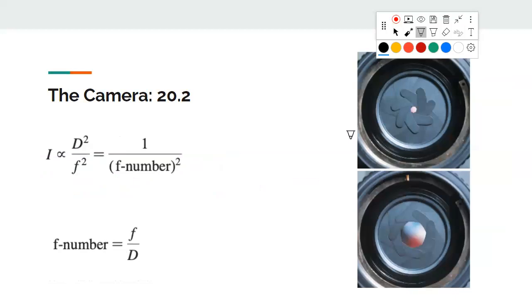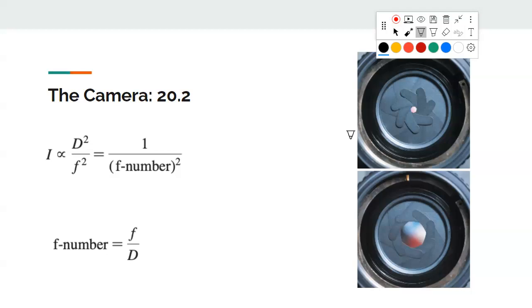We can also ask how the intensity of a camera is related to both the opening size and the, sorry, this is a little confusing notation here, but the opening size and the focal length of the camera.